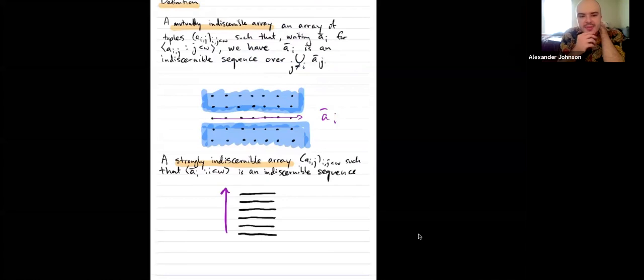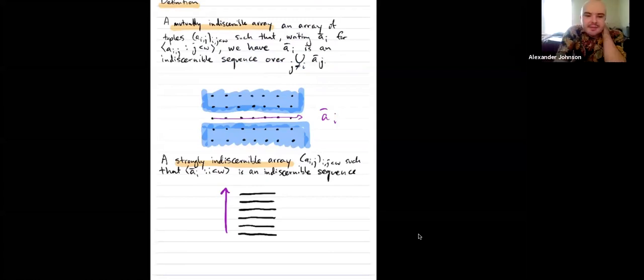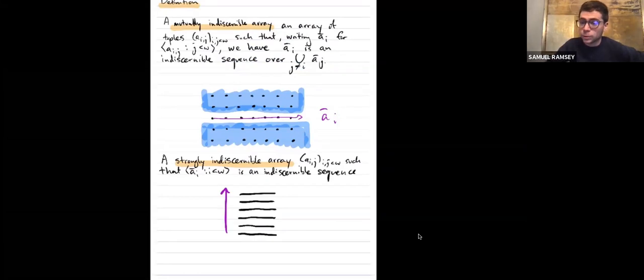I have a quick question about the definition of a strongly indiscernible array. Yeah. So, maybe I'm just missing something obvious, but each a bar i is an infinite tuple, so to speak. So what exactly do we mean when we say that that's an indiscernible sequence? Well, it's exactly the same notion. You know what the type of an infinite sequence is, right?